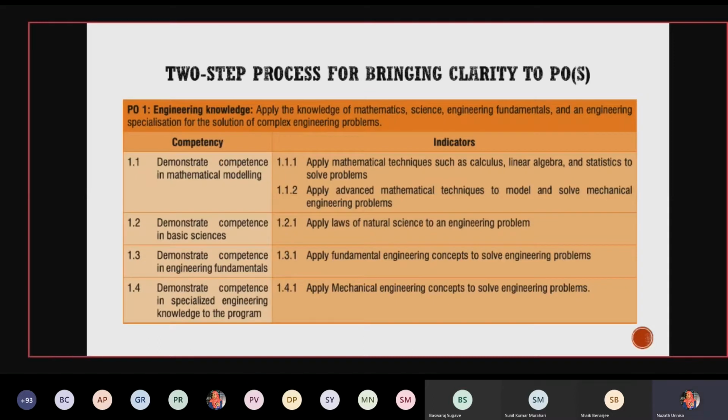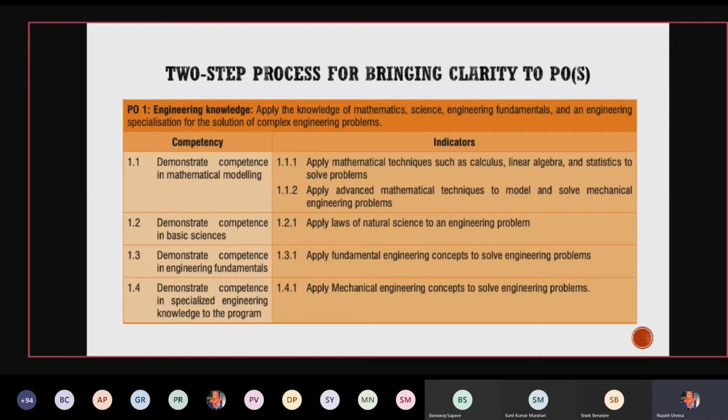So let us try to understand the two-step process to bring clarity on what a program outcome is, how to analyze it, how to relate it with our course outcomes, and how to get the attainment.